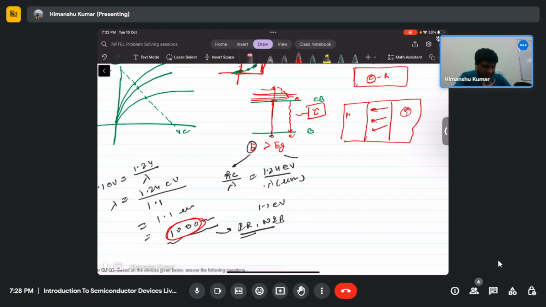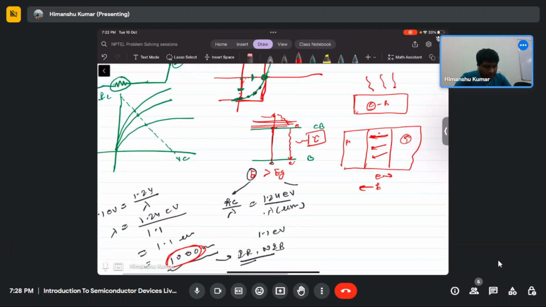But if electron hole pairs are generated within this depletion region, the electron and hole are attracted to different sides because of the electric field. The electron goes opposite to the electric field and the hole goes along it. That leads to a net current.